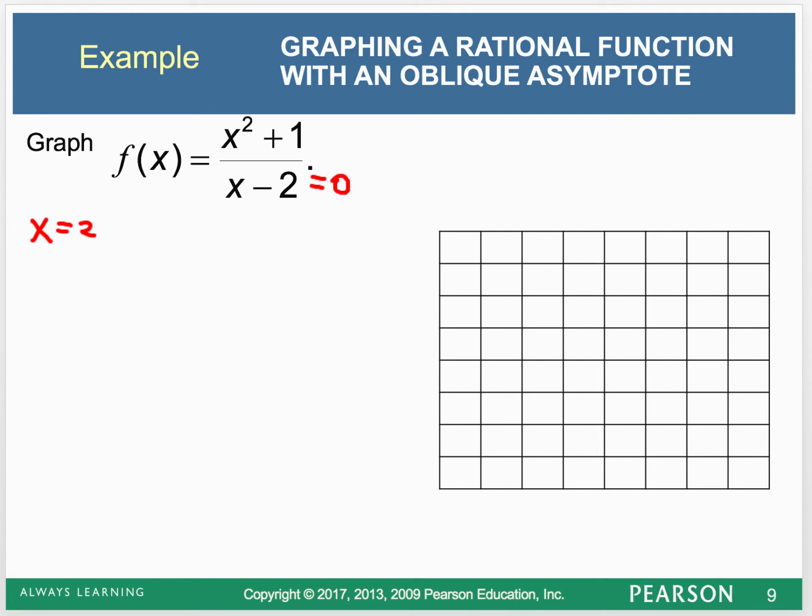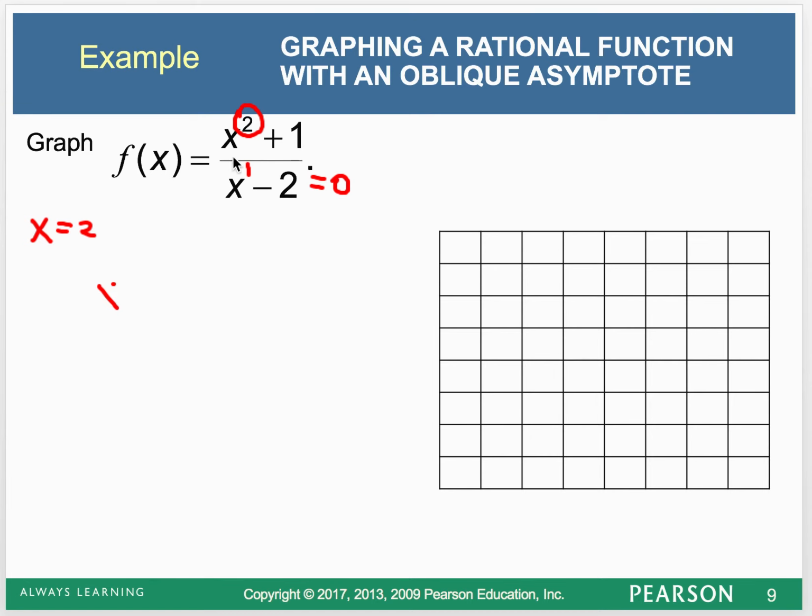Then I'm going to compare the degree of the numerator and the degree of the denominator. The degree of the numerator is larger than the degree of the denominator, so that means there's not a horizontal one. But if it's bigger by only 1, there's an oblique one. To find out what the oblique one is, we're going to do synthetic division. We're actually going to do this division.